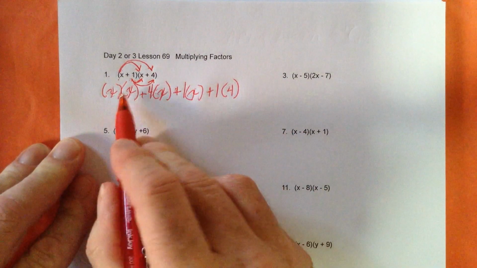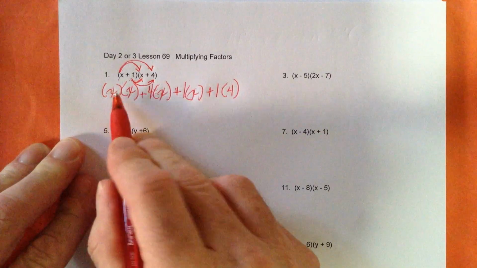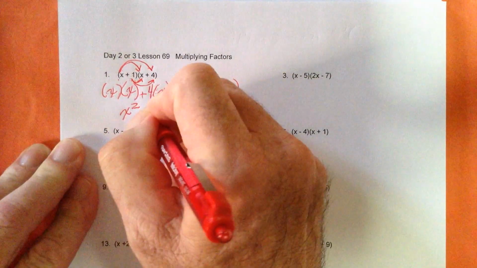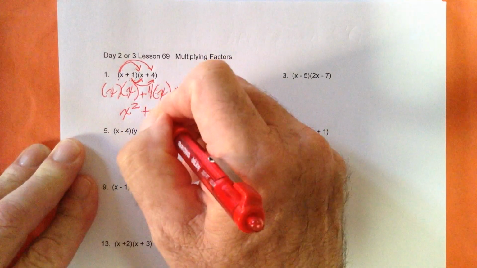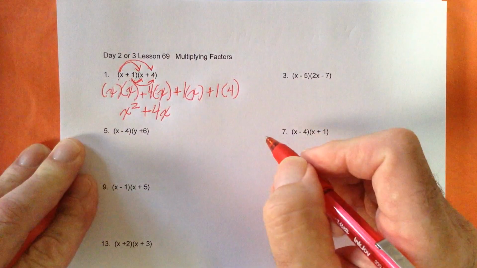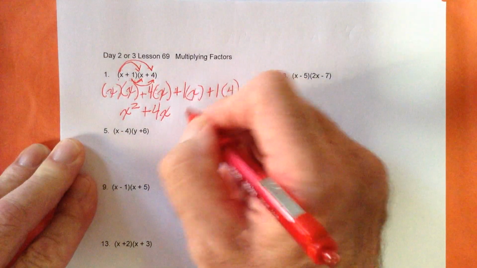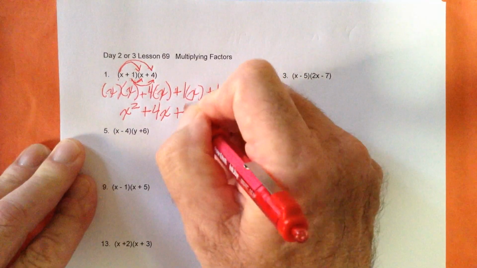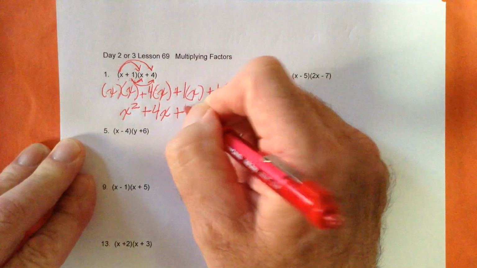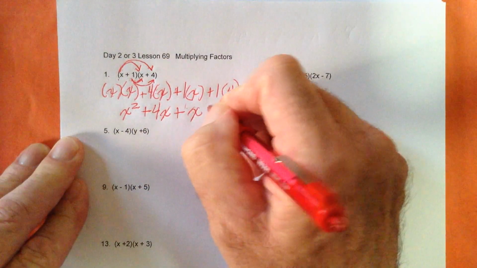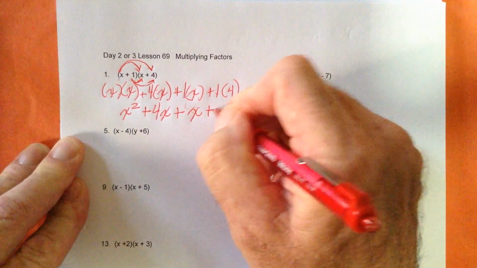So here, x times x, I can go x squared, plus 4 times x, so I can write it this way, I don't need the parentheses, plus 1 times x, which is 1x or just x, I don't need to put the 1 there, because 1 times whatever is going to equal whatever it is, plus 1 times 4 is 4.